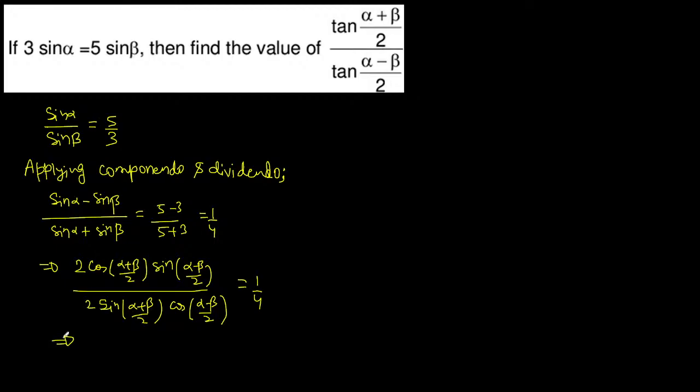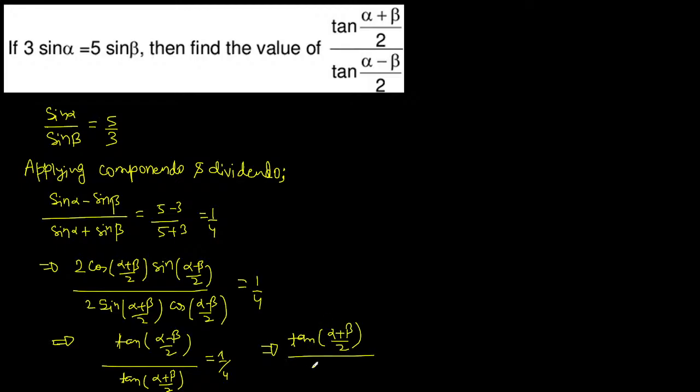If you see it further, sine by cos and cos by sine gives tan alpha minus beta by 2 upon tan alpha plus beta by 2. This is 1 by 4. If you do the inverse, tan alpha plus beta by 2 upon tan alpha minus beta by 2 is equal to 4. So 4 is the answer.